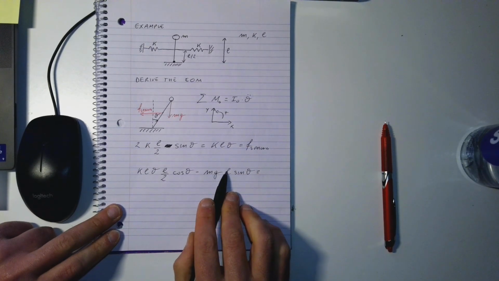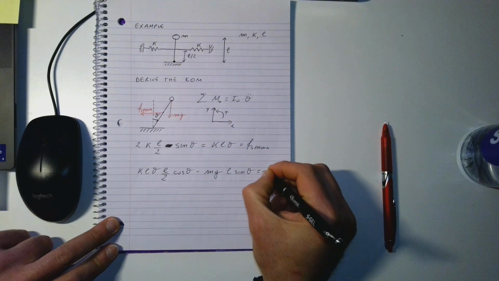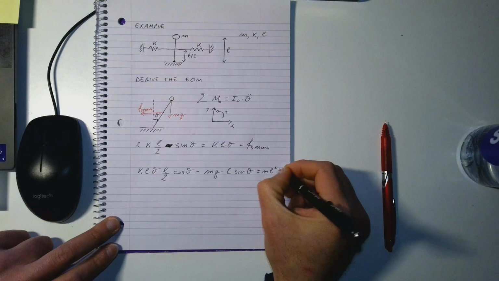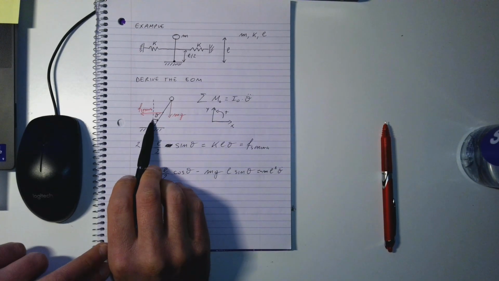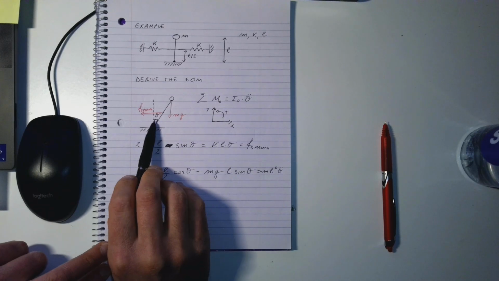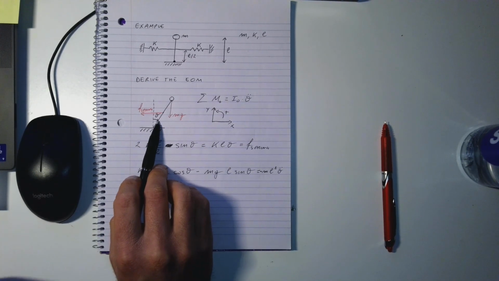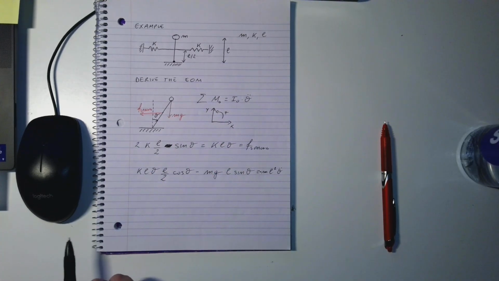So this is the summation of moments equal to this quantity here, which is m L square theta double dot, and actually we have to put a negative sign in front, because if we assume a rotation in the clockwise direction, it is negative with respect to our coordinate system.